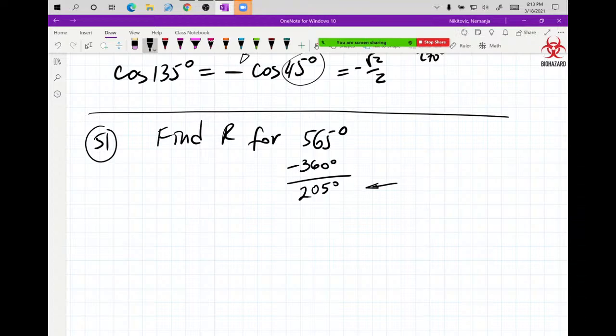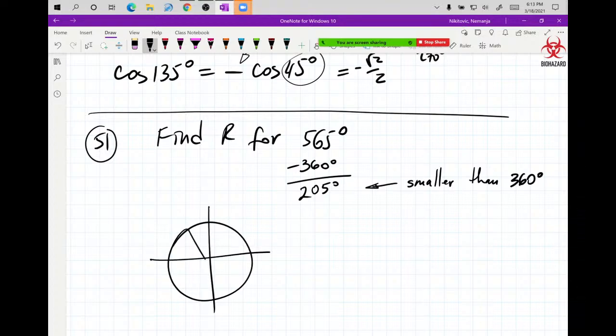So this angle is smaller than 360, which means it's in that principal circle. Remember, if I want to get to this angle here, I can go like this, but I can also go 16 times around and then end up in there.